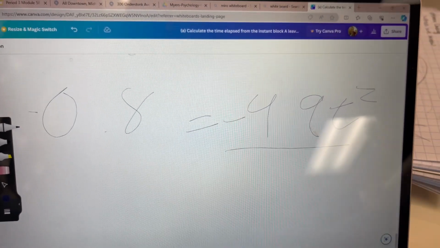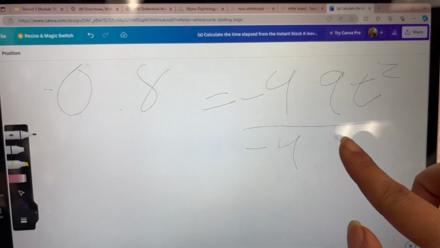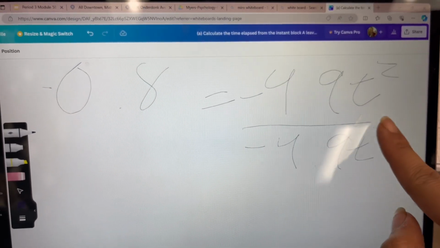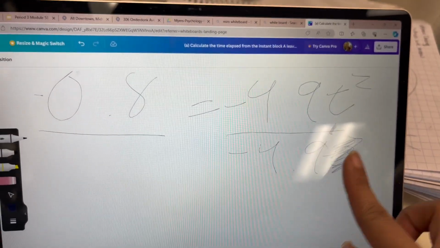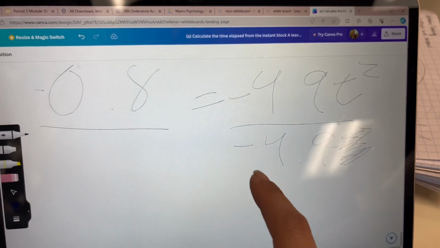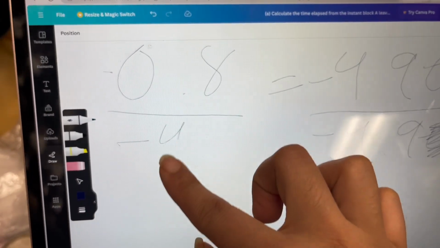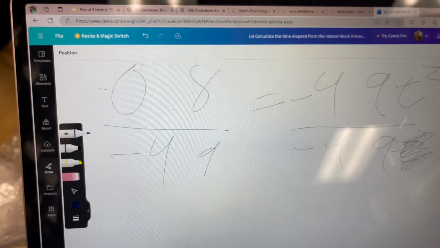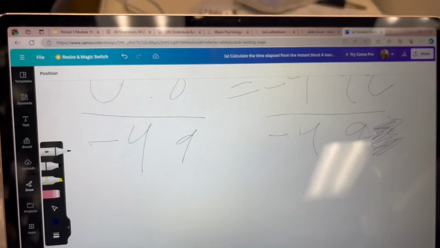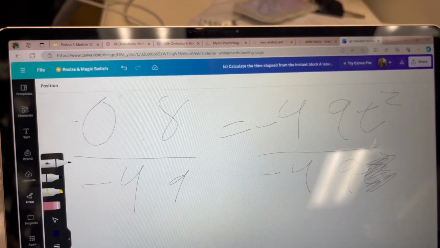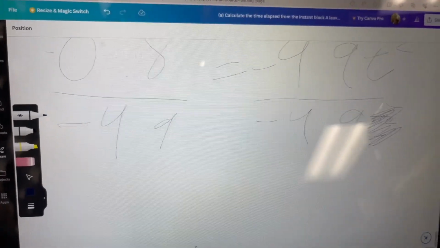And again, we can isolate t even further, so we're going to divide by 4.9 squared t squared. Oh, not t squared. Erase that. We're actually just dividing by negative 4.9, negative 4.9. And since these values are both negative, it cancels out the negatives, and the answer turns into a positive.